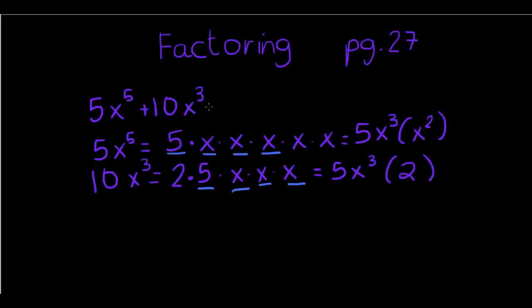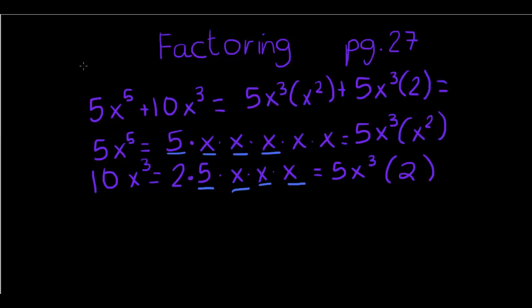Now I'm going to go ahead and rewrite this with the factors. So this is going to become 5x to the power of 3 times x squared plus 5x to the power of 3 times 2. So now, again, what do they have in common?